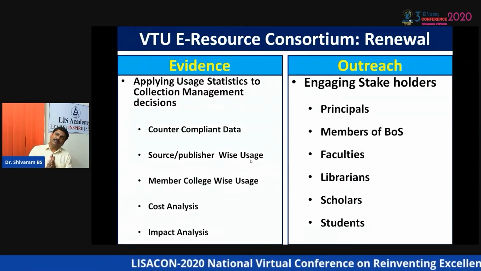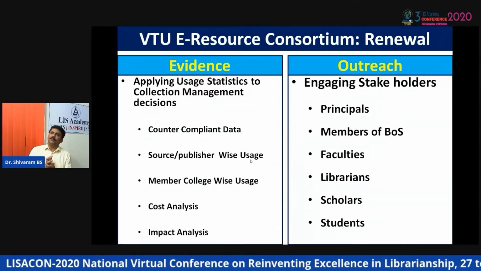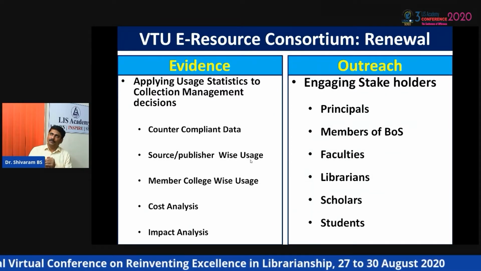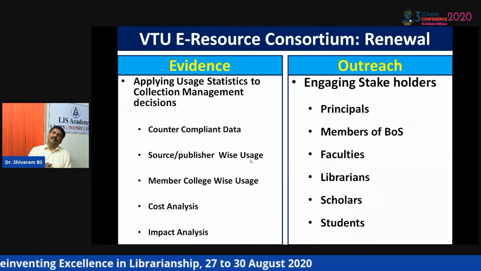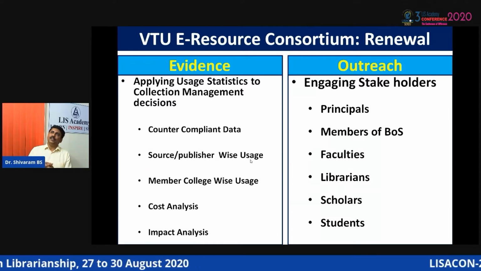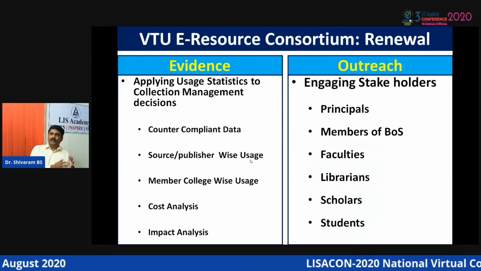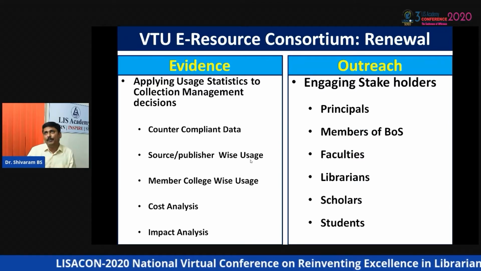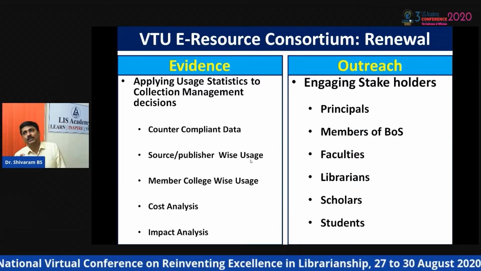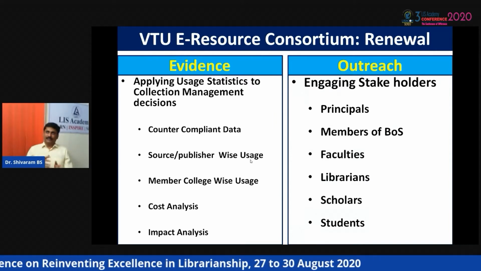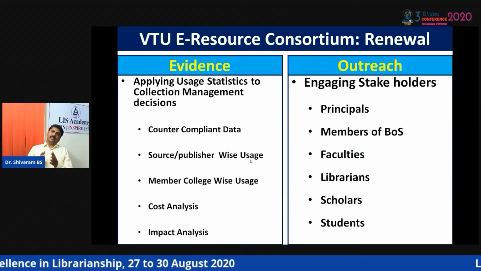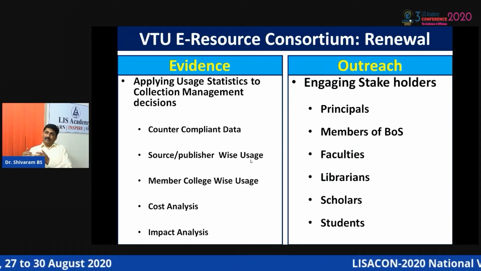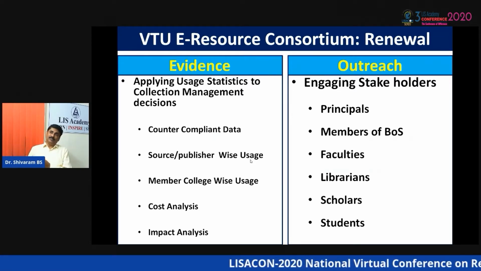As far as evidence-based is concerned, every year COUNTER-compliant data is collected for each publisher, and it is analyzed for source-wise usage, journal-wise usage, publisher-wise overall usage, and also how member colleges are using this content. We also do a cost analysis every year, to see whether the cost per article download is really decreasing or increasing because of less usage.